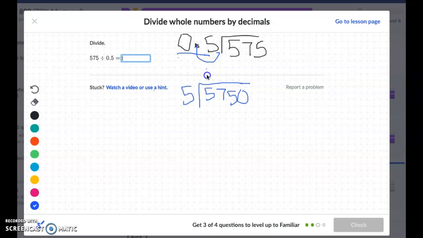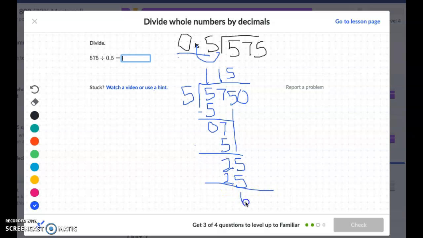5 fits into 5 one time. 1 times 5 is 5. Subtract, and I get 0, and then bring down my 7. 5 fits into 7 one time. 1 times 5 is 5. Subtract, and I get 2, and bring down my 5. 5 fits into 25 5 times. 5 times 5 is 25.